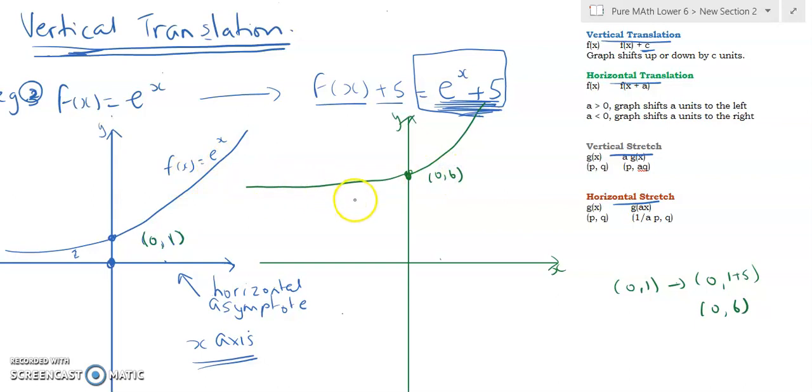Now what happens here, the horizontal asymptote for this one was just 1 unit away, right? This was the point 0, 1, and the x-axis is the horizontal asymptote. Now the same will happen here. The horizontal asymptote will be 1 unit away. So at this point where y is 5, I will actually have a horizontal asymptote going like this.